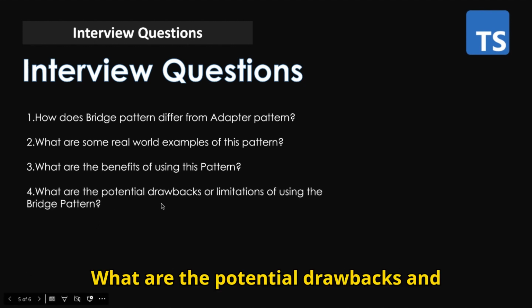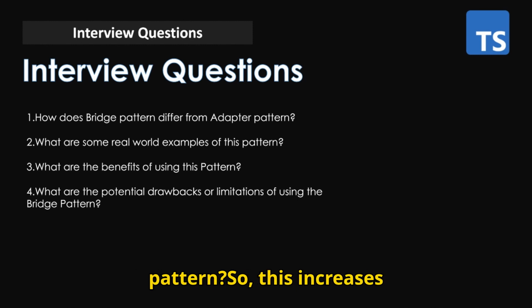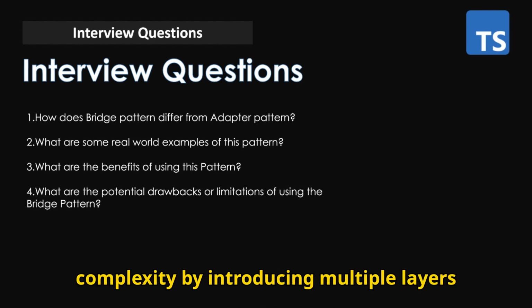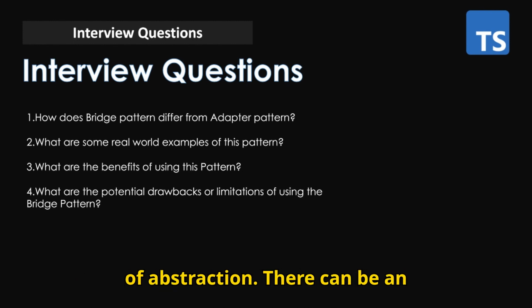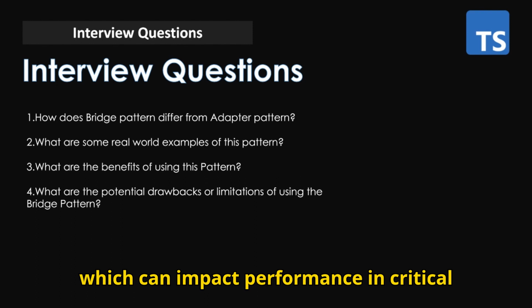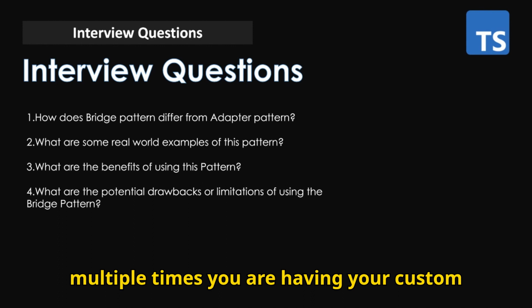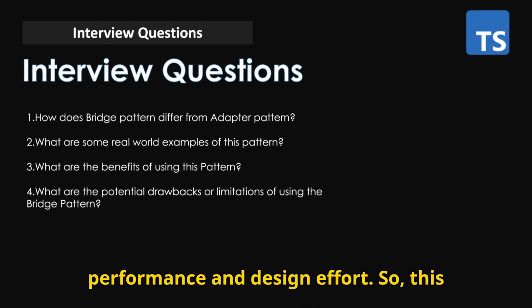What are the potential drawbacks and limitations of using the bridge pattern? So, this increases complexity by introducing multiple layers of abstraction. There can be an overhead which can impact performance in critical situations, since you have your custom logic multiple times, so you need to take care of the performance.